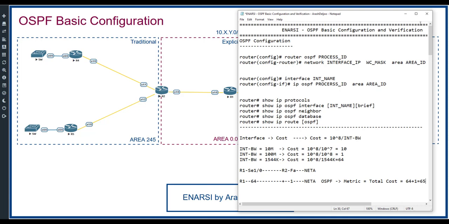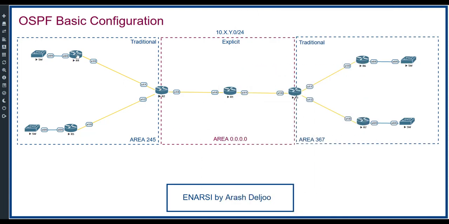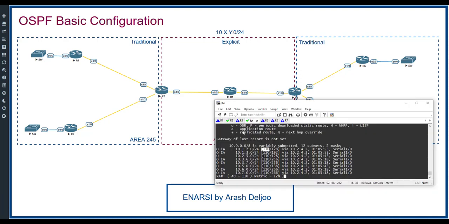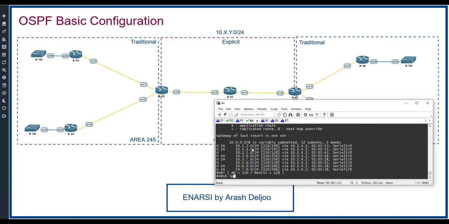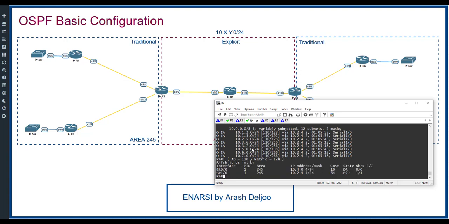Now let me show you the cost in show ip ospf interface brief. Look at here, this is R4. If you want, you can use show ip ospf interface brief. Look at here, Eth0/0, because this is the Ethernet interface, has a cost of 10, and now you can easily understand the meaning of cost. After that, serial 1/0 has a cost of 64.